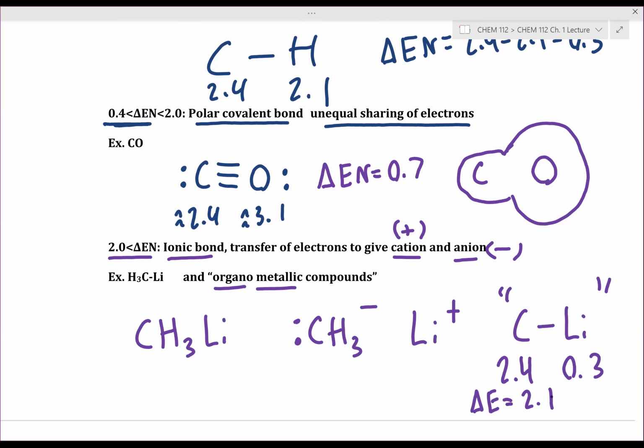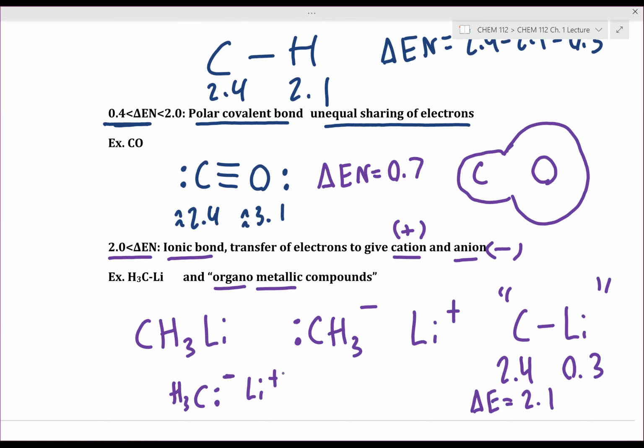So, for example, you'd write CH3 minus, and then the lithium plus is associated with that anion, but it's not bonded to that carbon. Does that make sense? It really helps us think about these organometallic compounds as more ionic compounds instead of covalent compounds.